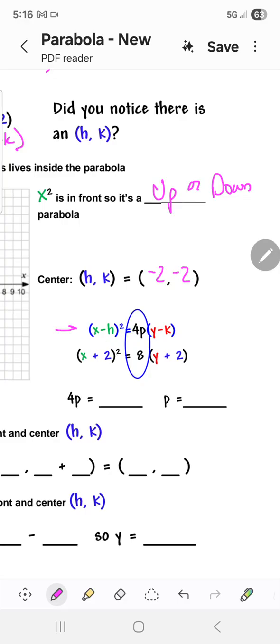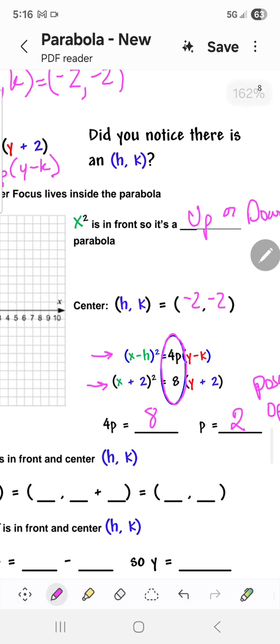So I write the general form of my equation and line them up. I circle the 4p value. I can see 4p equals 8, divided by 4, p equals 2. This is a positive number, and if it's a positive number, it means it opens up. Lovely, I have the value of p.